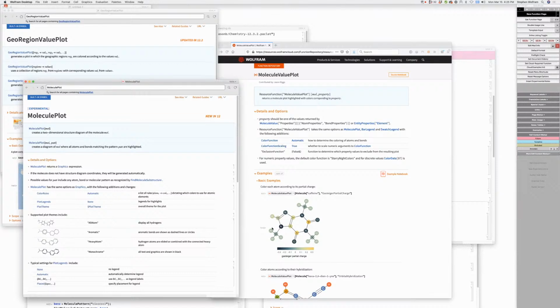Make a molecule value call. So you say molecule value of the molecule, comma, these things. And what's the difference between MoleculePlot of molecule value of that thing, and MoleculePlot where the second argument is molecule value of that thing?